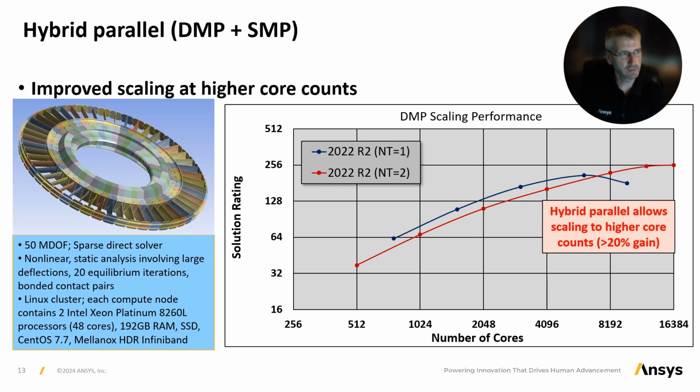So we ran this a couple years ago, 2022 R2, on thousands of cores, starting with pure distributed parallel, so running 1 thread per process. And by the time we got up to around 6,000 to 8,000 cores, the scaling had stopped and the performance had started to actually slow down.